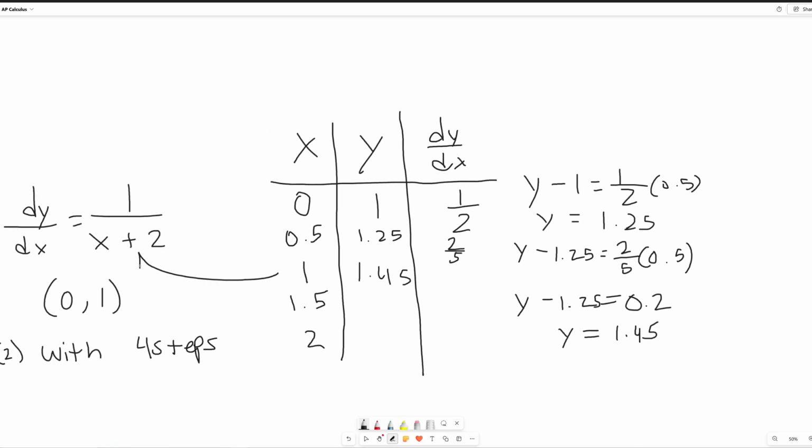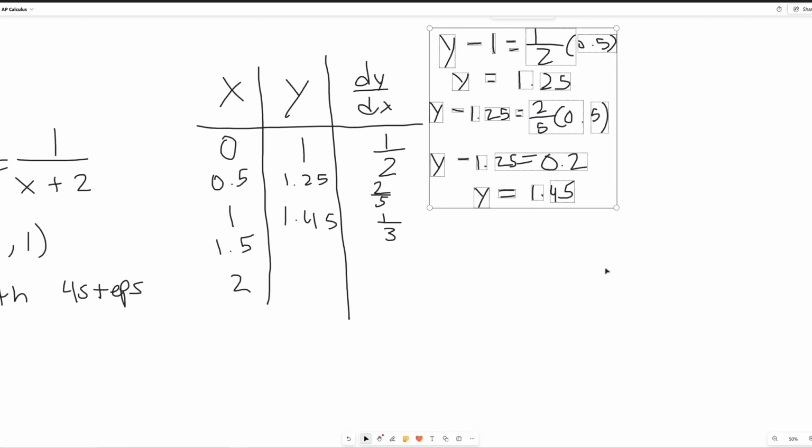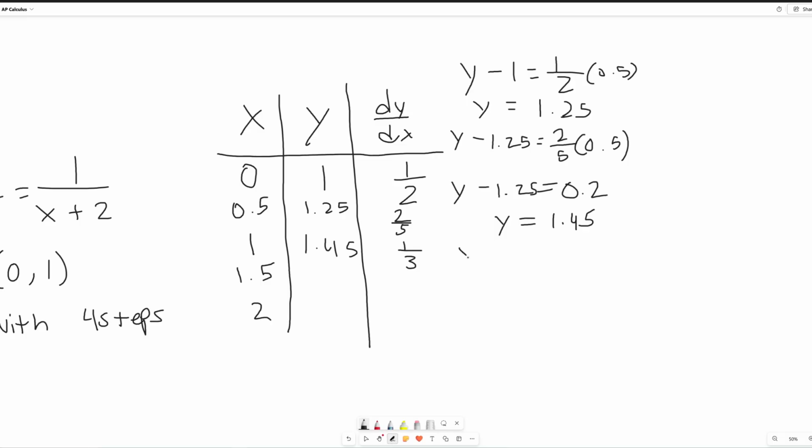Now, plug 1 into here, you get 1/3. So over here, it's 1/3. And I'm going to move all this up because it's getting to be a lot of writing. So y minus 1.45 equals 1/3 times 0.5. So now you have y minus 1.45 equals 1/6. So 1/6 is about 0.167, I believe.